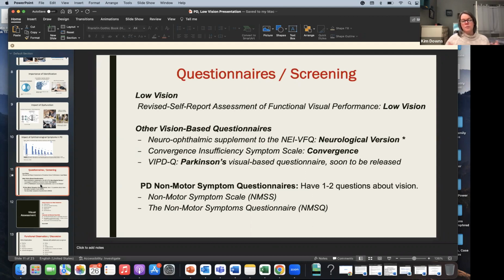So let's say you work in a low vision program that's also affiliated with other services, traditional OT, PT, things like that. You could encourage them to have their patients fill out one of these PD non-motor symptom questionnaires, and if they're reporting visual changes, encourage them to look more into that and refer to low vision as appropriate.